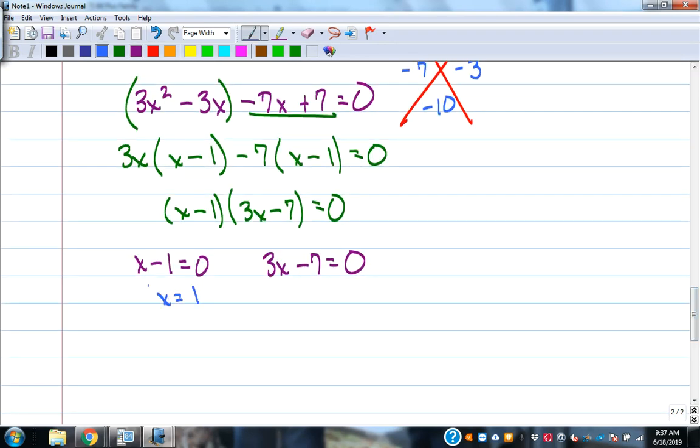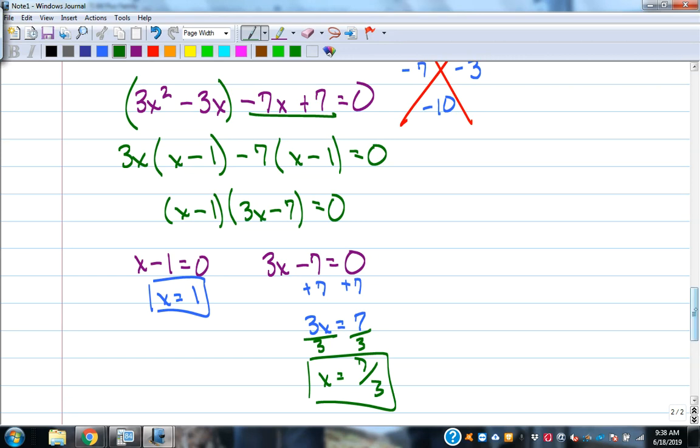X equals 1. You just add 1. And then you want to show that step. 3x equals 7. This one's got a little bit more going on. So divide by 3. X equals 7 over 3.